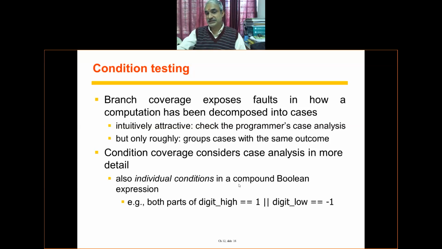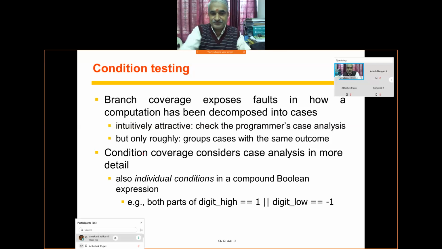Individual conditions. For example, if at all you have something, I will write here. All of you look into that. If you have age greater than 18 and some parameter b equal to 50.